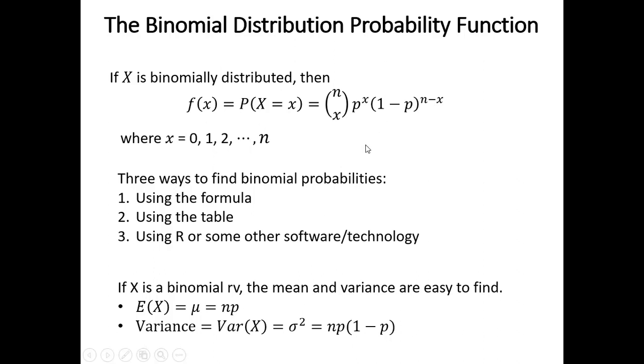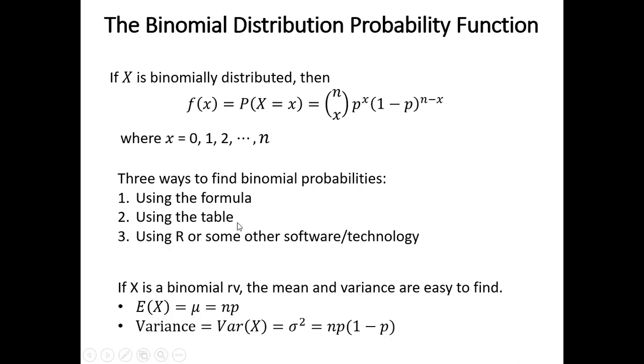So when we need to calculate probabilities from a binomial distribution, we'll look at 3 ways to find the probabilities. The first way is using this formula. Okay, and this calculates what I would call exact probabilities. Probability X is equal to 5, for example.